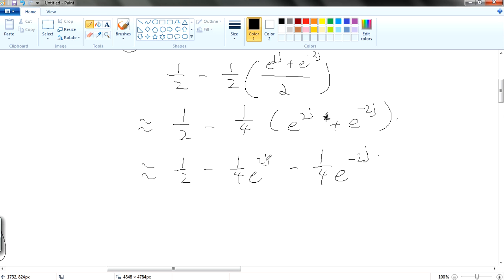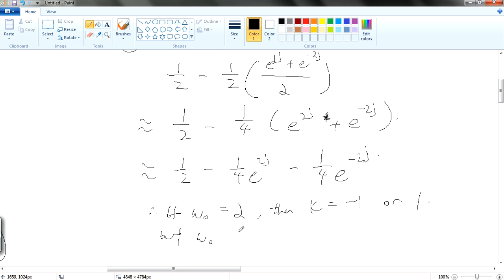So from here, typically, if omega is equal to 2, then k is equal to minus 1 or 1.